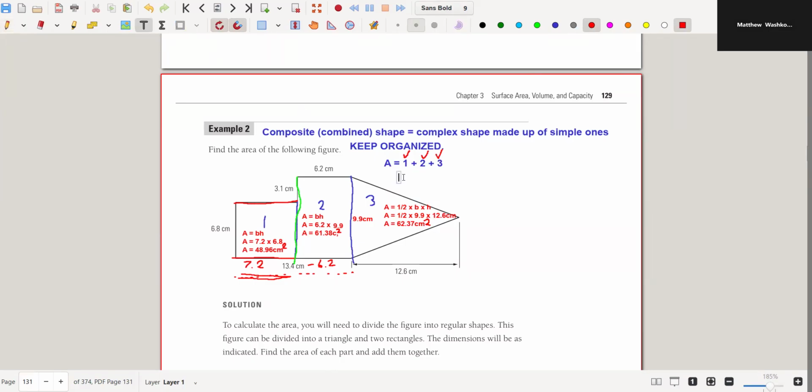All I got to do is add them up now, right? The area equals 48.96 centimeters squared. I'll add the square in a second. Plus 61.38 centimeters squared plus 62.37 centimeters squared.